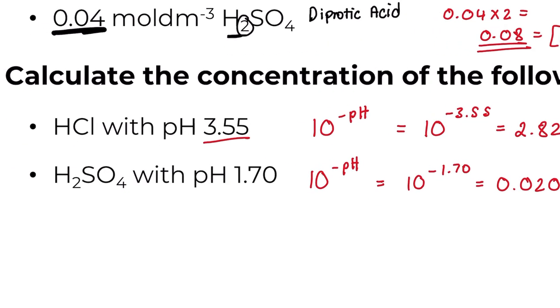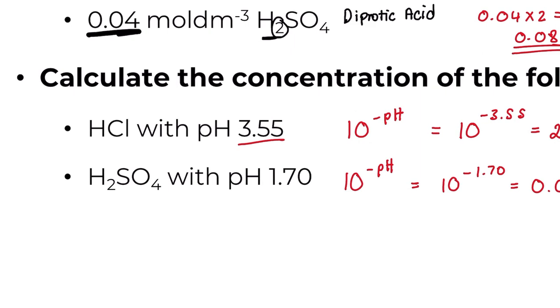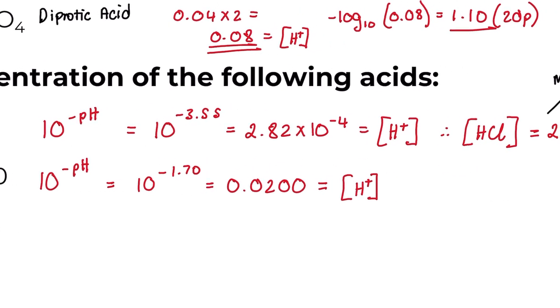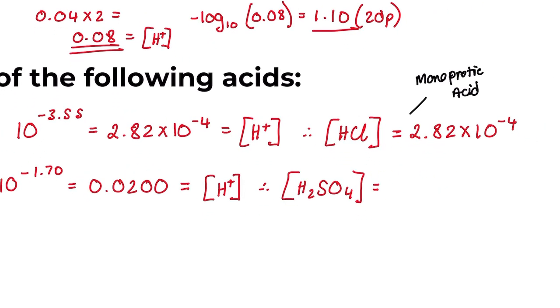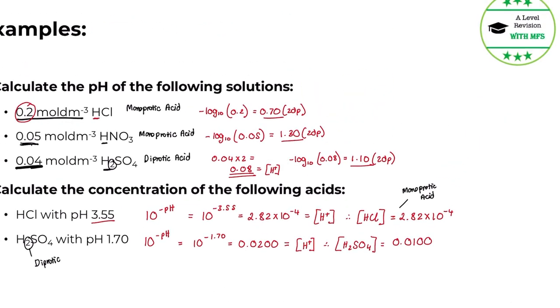Now, because over here we have a diprotic acid, that means the hydrogen ion concentration that we have over here is actually double what the concentration of the acid is. So over here, we can see that the concentration of the acid H2SO4 is going to be half of that, which is going to be 0.0100. Now, if you have a look at this, it will make sense.